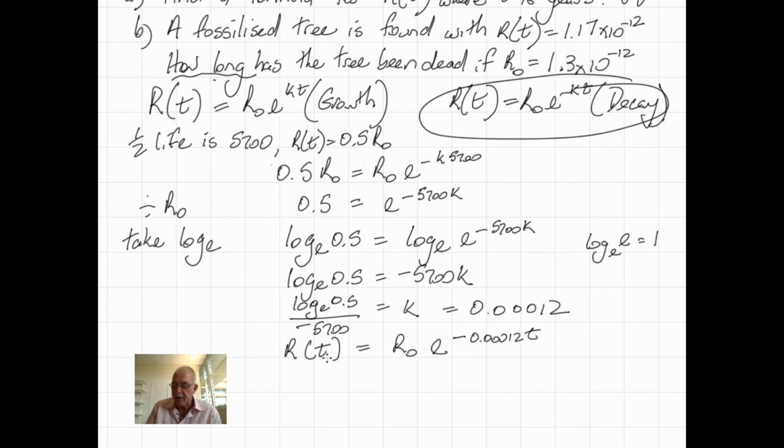So instead of R(t), we can write 1.17 times 10 to the minus 12 equals R0, 1.3 times 10 to the minus 12, e to the minus 0.00012 t.